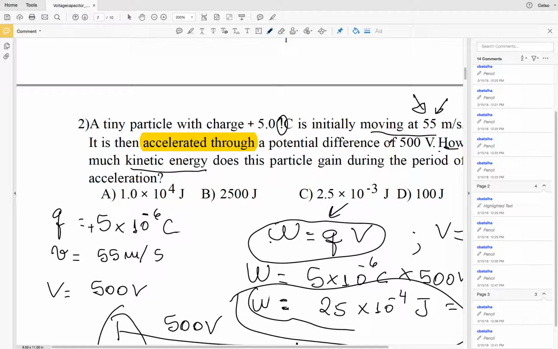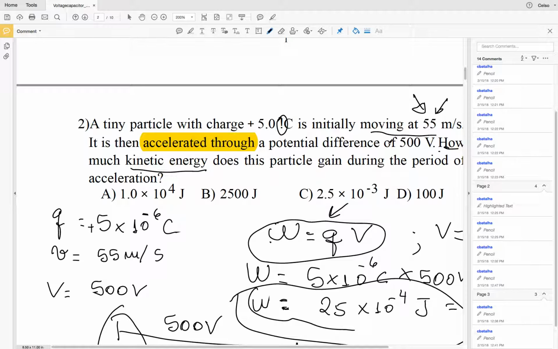You would put 55 there, because that was the initial. So the speed would be increased during the process, as you have a voltage applied to the particle. So for this problem, you basically plug in 0 for that.